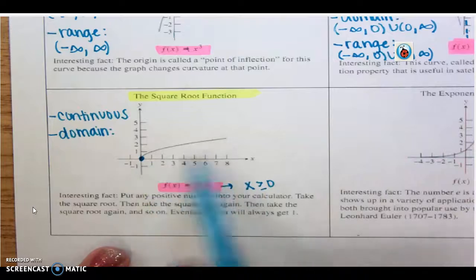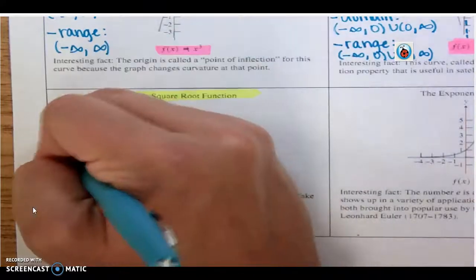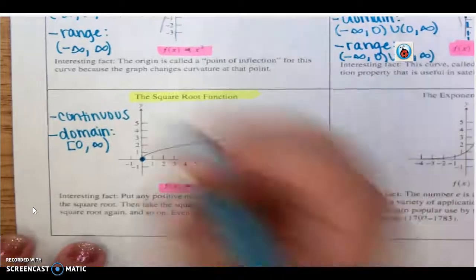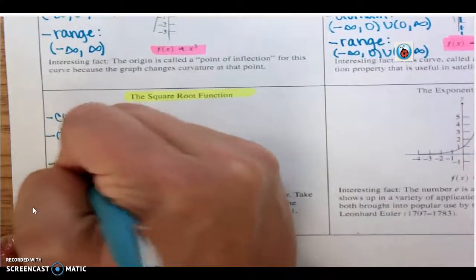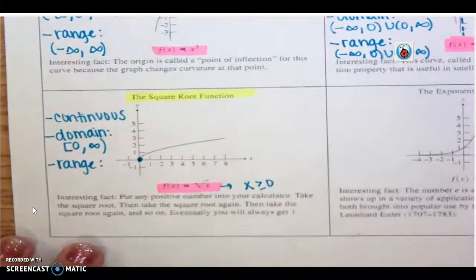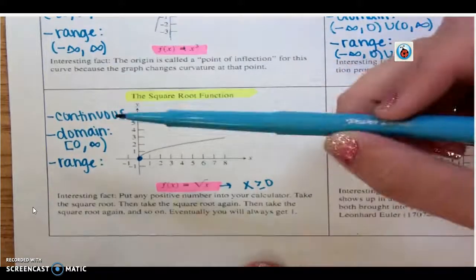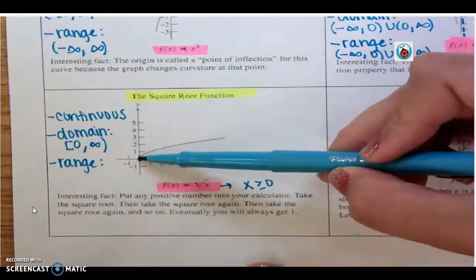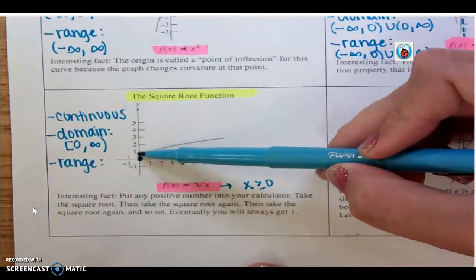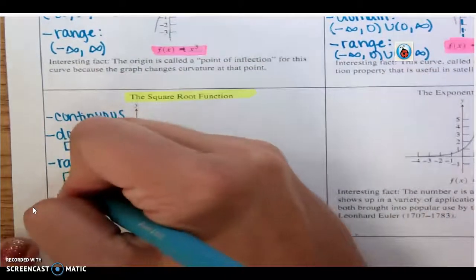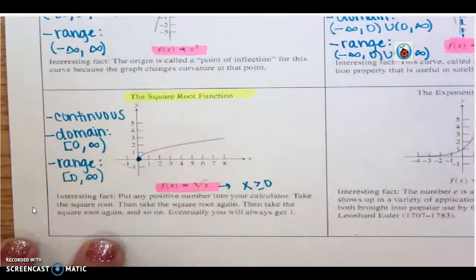So it can be 0 or it can be bigger. 0 is included, so 0 is going to get a bracket, so from 0 to infinity. And then for our range, we're just going to look at the graph here. It can start at a y value of 0, and it can be anything larger than that. So it's going to be just like the domain, from 0 with a bracket to infinity.